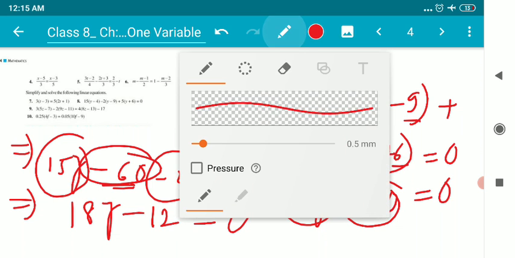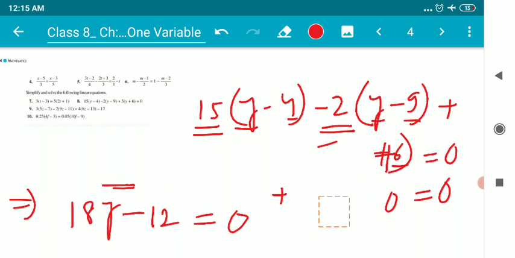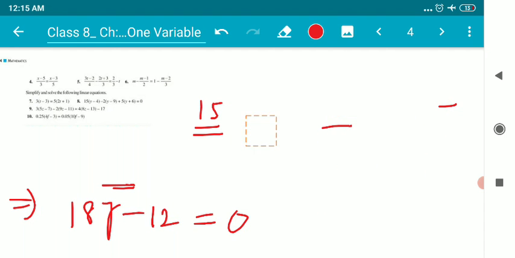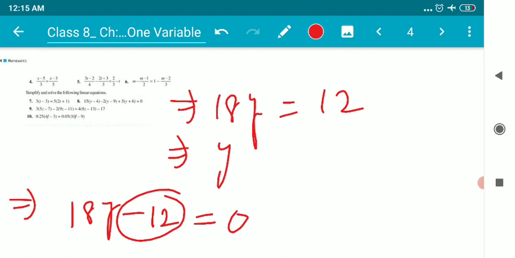Now children, I got no space, so I'm cleaning a bit from here. Now children, what to do? Now, what I'll write, 18y is equal to minus 12, which will be transposed to this side. On the right hand side it will be plus 12. Now, y is equal to 12 by 18 because 18 was multiplied.